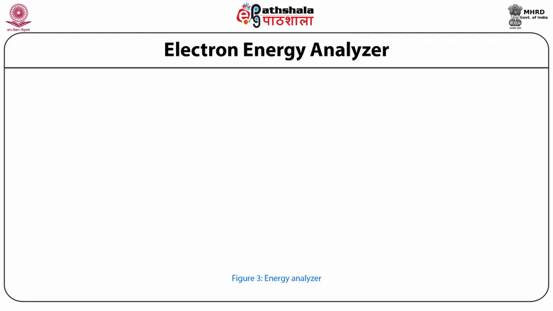The analyzer is composed of two concentric hemispheres with radii R1 and R2, and its working principle can be understood from the figure. Negative potentials V1 and V2 are applied to inner and outer hemispheres respectively.